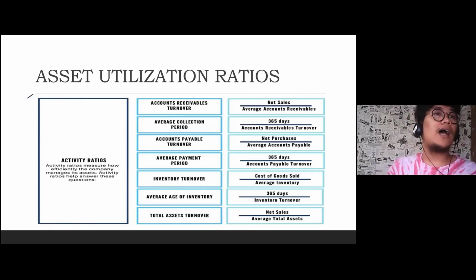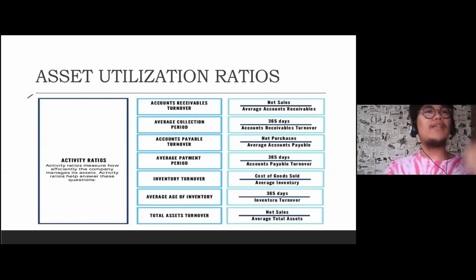We add the beginning accounts receivable balance and your ending accounts receivable balance and divide it by 2. So accounts receivable turnover, ano ibig sabihin nito? The higher the accounts receivable turnover, the better.